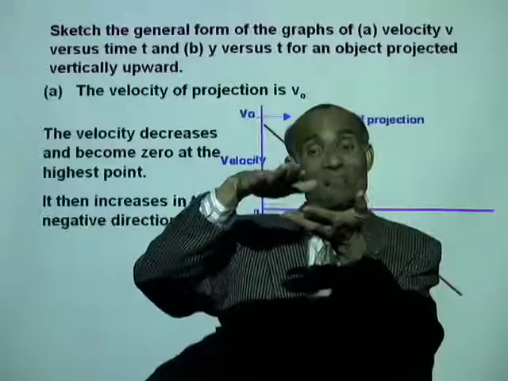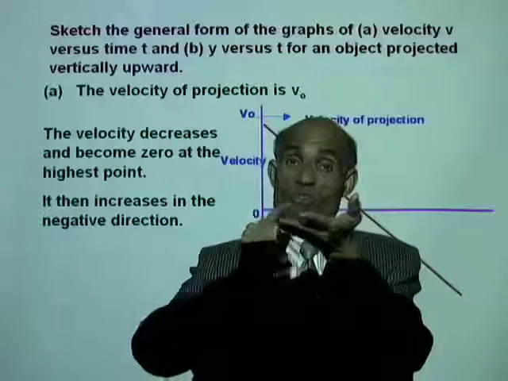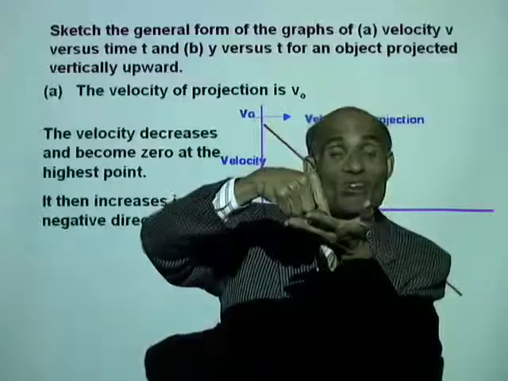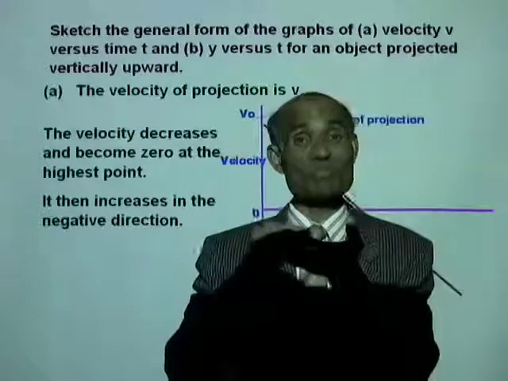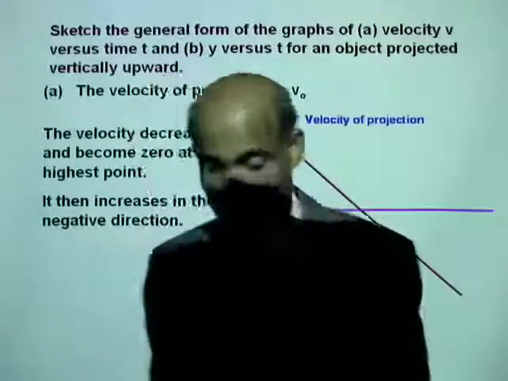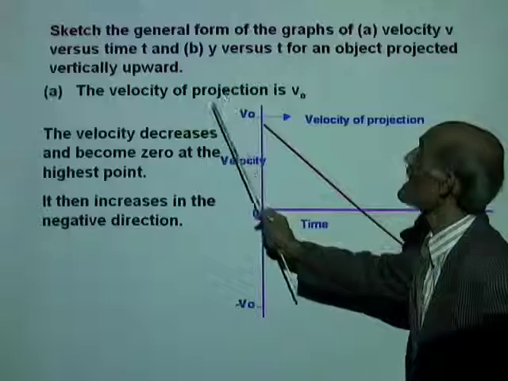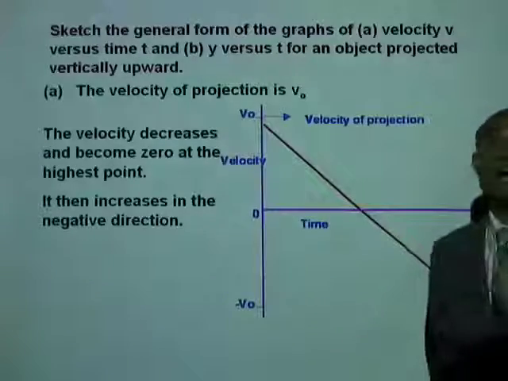You see that? The speed with which you threw up will be equal to the speed with which it returns, but the directions will be opposite. So that is the velocity against time for an object that is thrown vertically up.